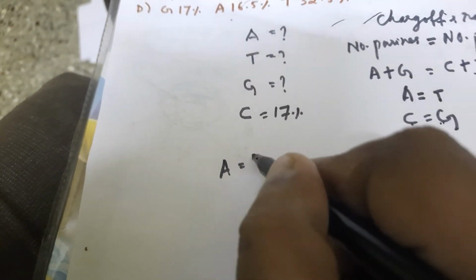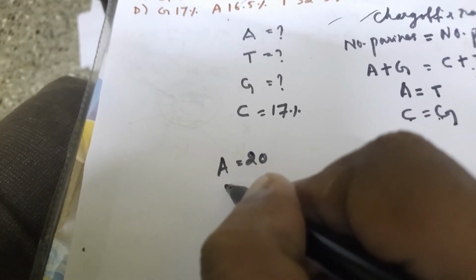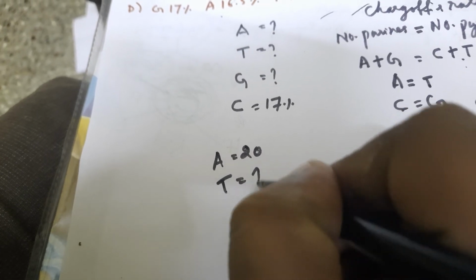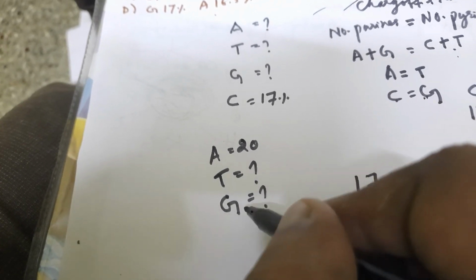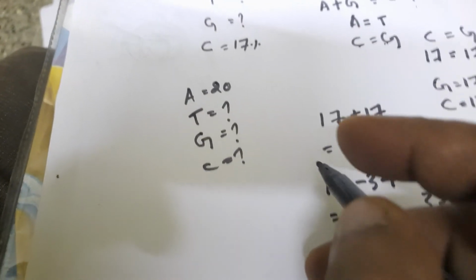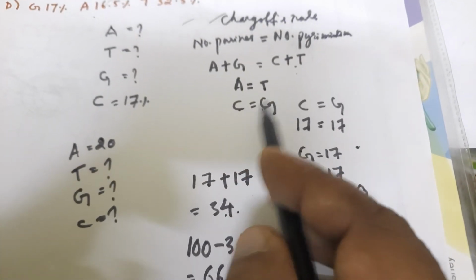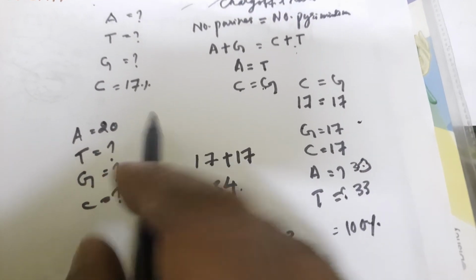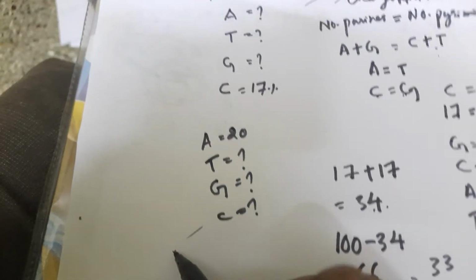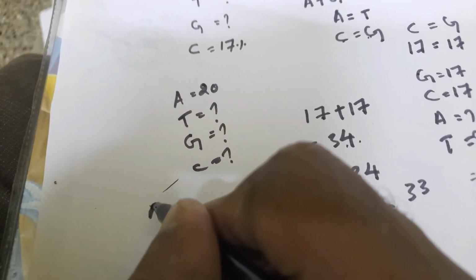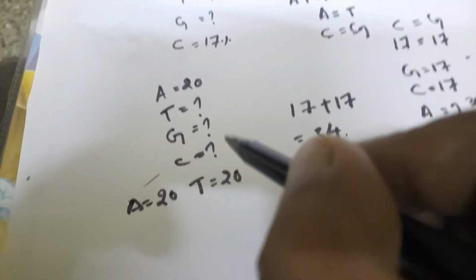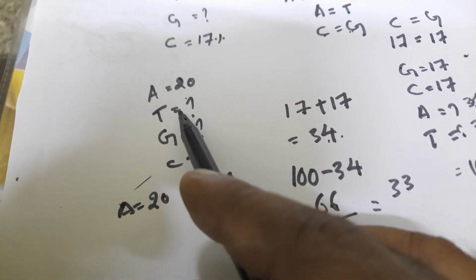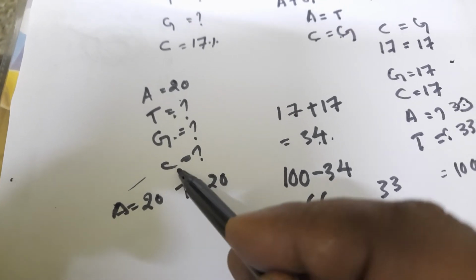Say, for example, if they provided A is equal to 20, you have to calculate T, G and C. You can apply the same formula: A is equal to T, and G is equal to C. If A is 20, then T should also be 20, because A is always the complementary base of T, and G is always the complementary base of C. This is the very important thing.